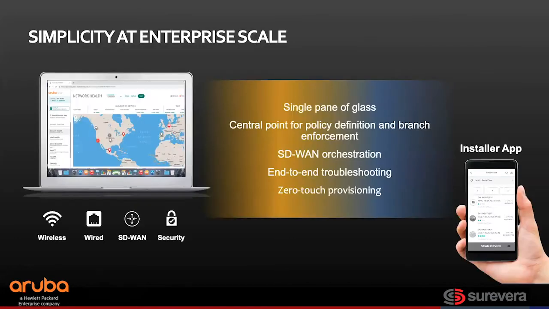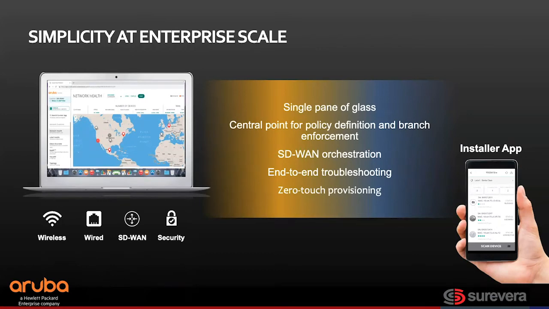So that simplicity and enterprise at scale goes back to that single pane of glass. We're going to use Aruba Central for policy definition and branch enforcement. The orchestration, like I was talking about, for SD-WAN as well as the routing. We're going to use it for all of our troubleshooting.